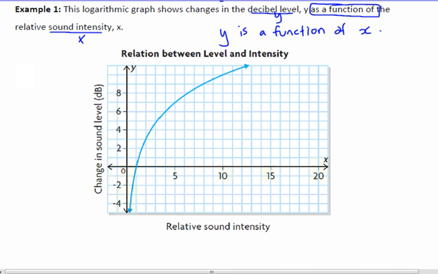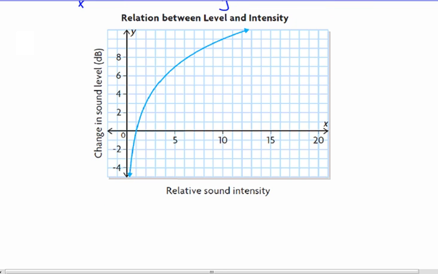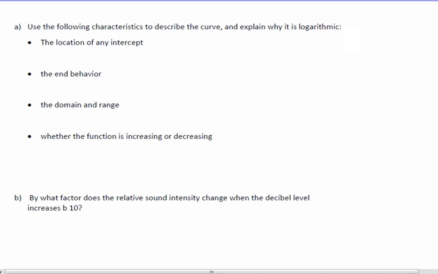Okay, so looking at this graph, are there any intercepts? What are the intercepts we know? X-intercept is 1, y-intercept? None. I don't say 0 because then I think it's at the origin, right? And behavior goes from quadrant what to what?